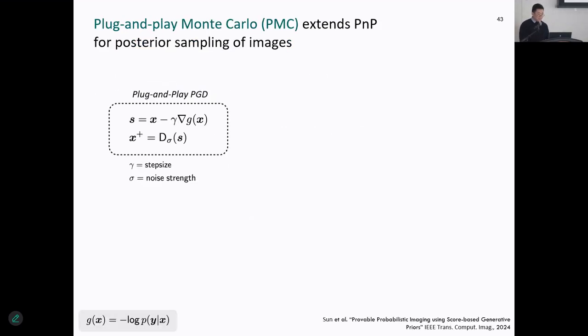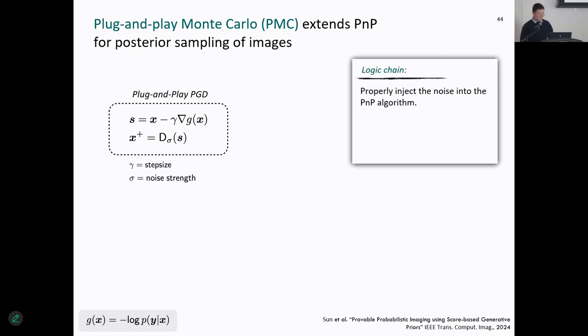I call my method plug and play Monte Carlo. It's really just extending the concept of plug and play to the regime of sampling. To see how this method can be derived, let's bring back the plug and play PGD algorithm and use that as an example. In order to extrapolate this algorithm to posterior sampling, the key idea is to properly inject the noise, or the randomness, into this deterministic algorithm.